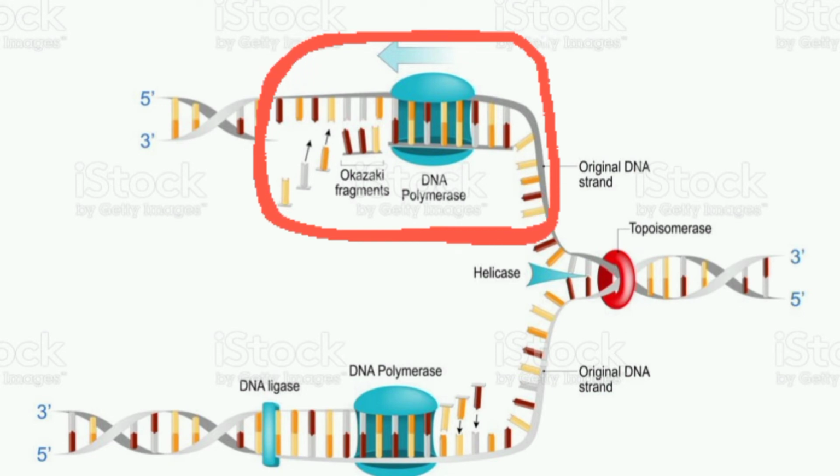But there is a solution. A primer binds to the strand to guide DNA polymerase to start building, then it will stop until another primer reattaches to the strand and continues the process. This strand is called the lagging strand.